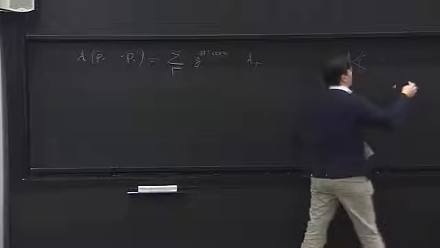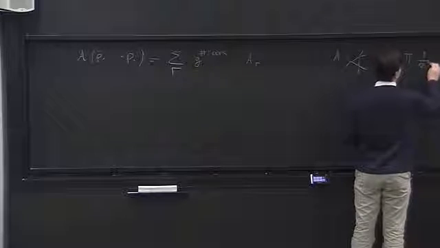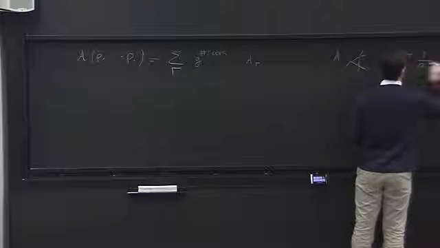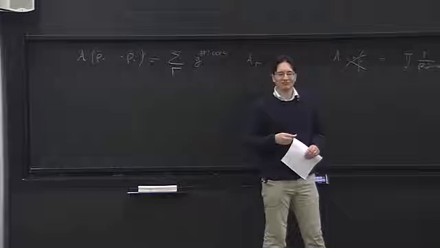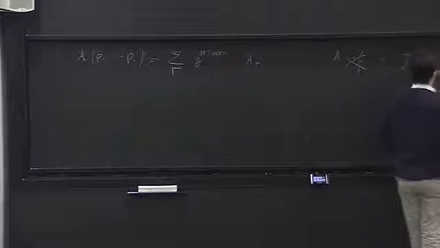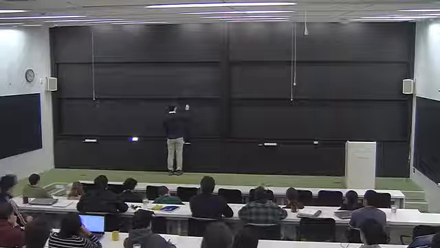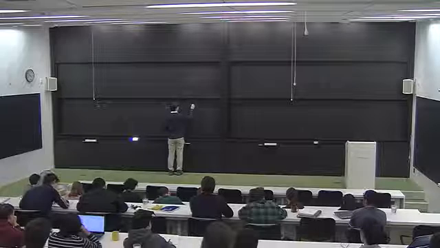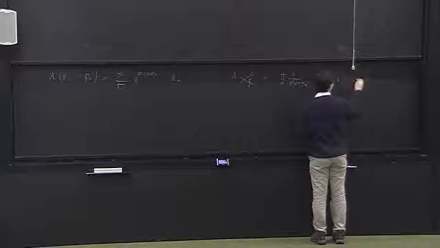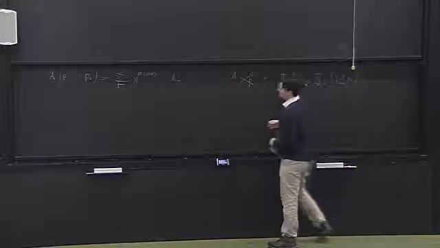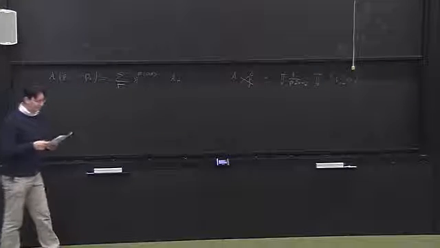You're going to take the product of propagators over the edges of your graph, and some momentum conservations at the vertices. Something like that.